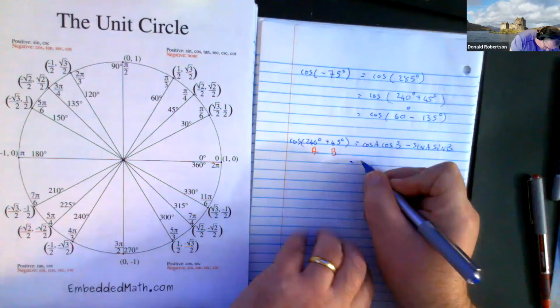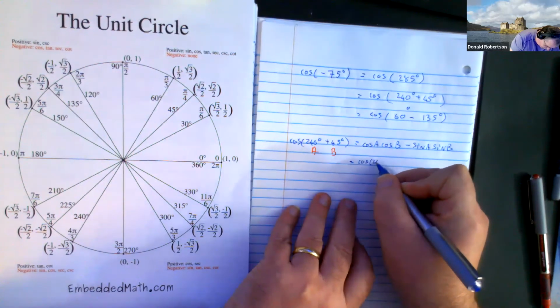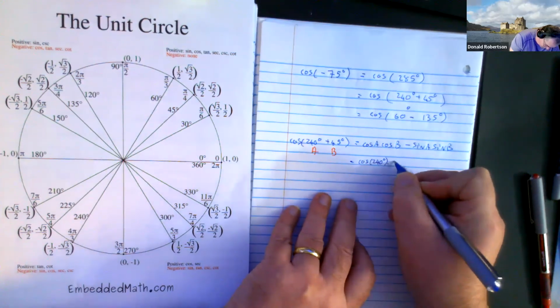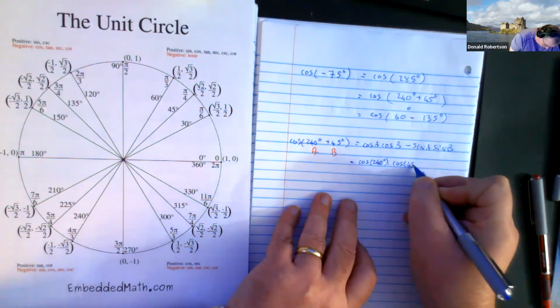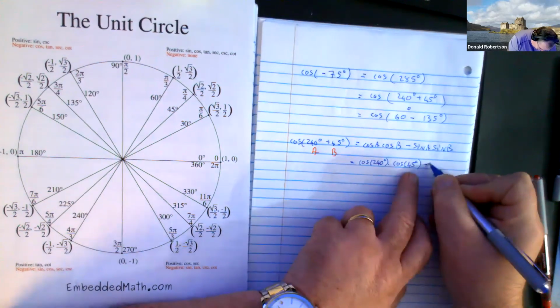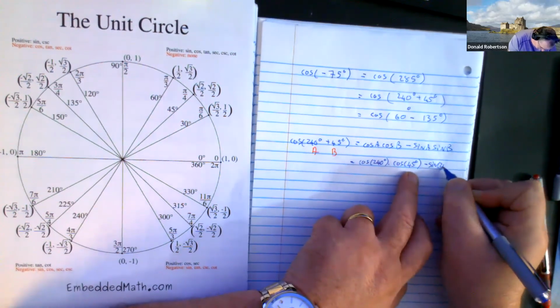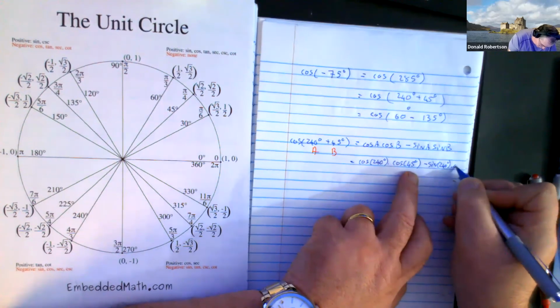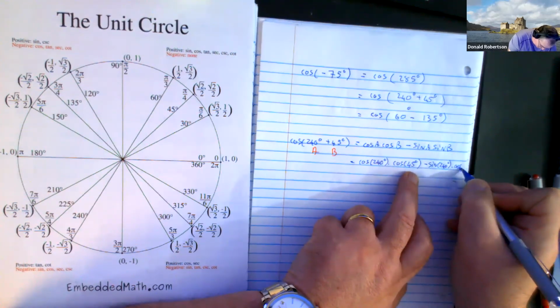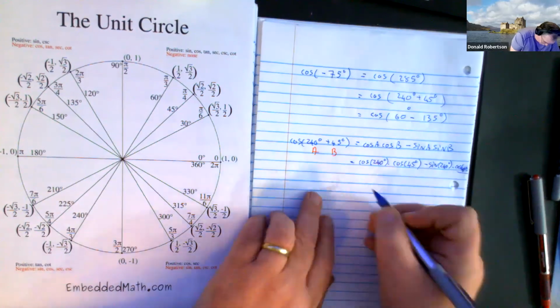And that's going to be the cosine of 240 degrees times the cosine of 45 degrees minus the sine of 240 degrees times the cosine. Can you pretend that says 45 because it's so small?